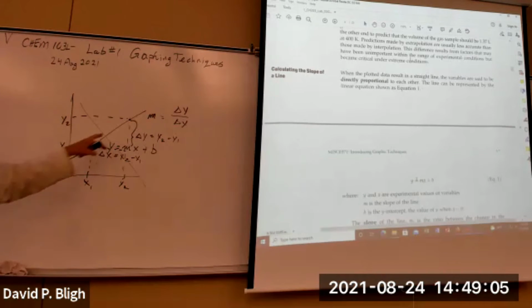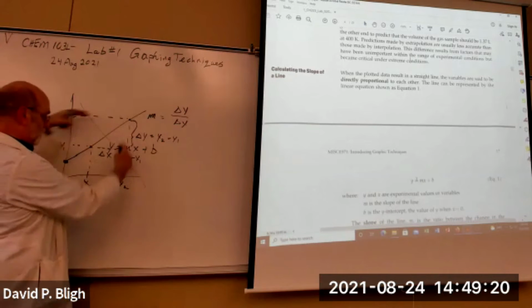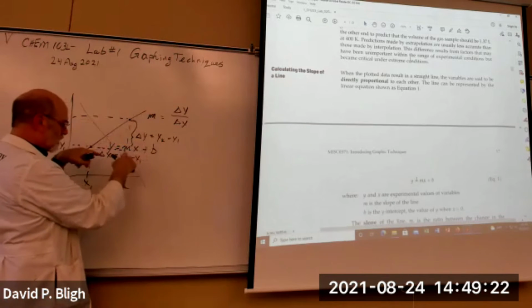So that's how you calculate the slope of your line. And then, of course, if you want to find the y-intercept, you can either do it visually. Just draw an extension down here and find out where it intersects the y-axis. Or you can pick two related points here, plug them into your formula.